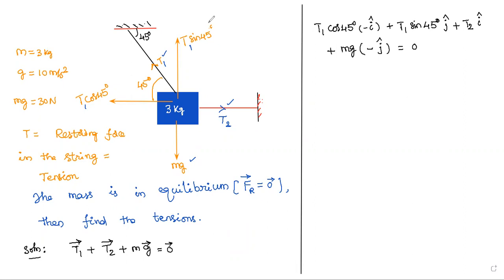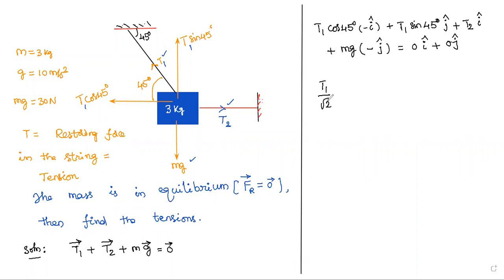Shall I write it like this? Okay. How? Like 0 I cap. Since it is 0, everything is 0. So 0 I cap plus 0 j cap, nothing but 0 only. Now check what you are getting for the I cap components and j cap components, Nana. Here T1 cos 45, all of you know, is 1 by root 2.